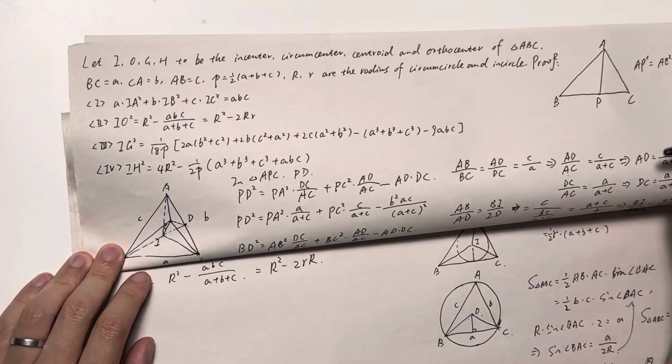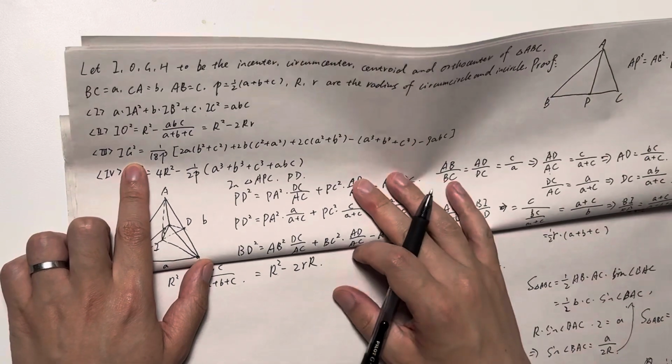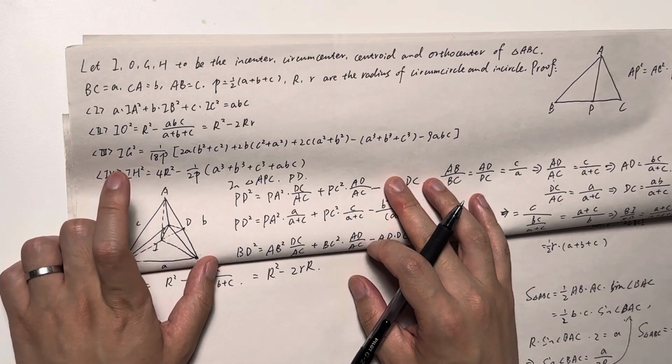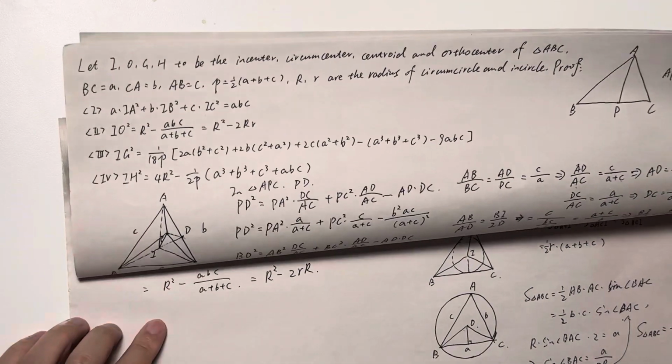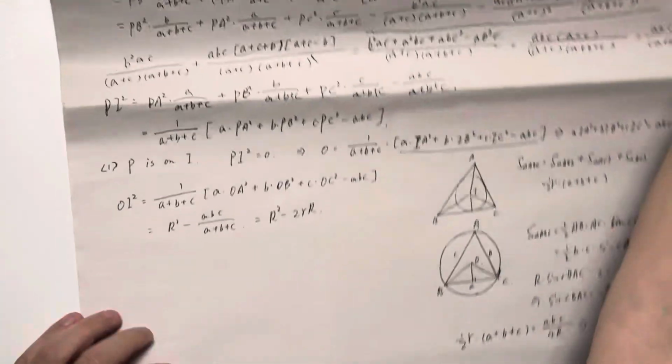We just proved it. And for the third case, we want to calculate the distance from the centroid to the incenter, right? It looks like a long calculation, but let's do it.